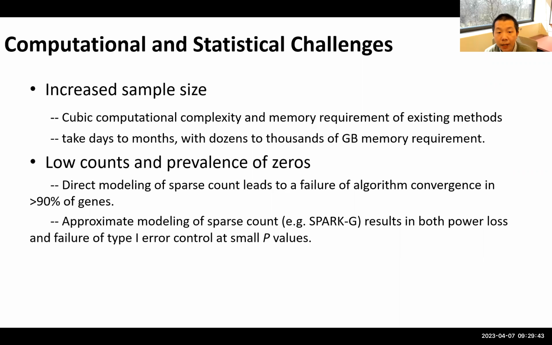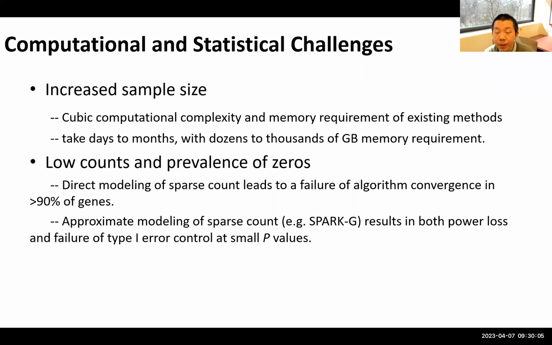In addition, the low counts and prevalent zeros also create important issues. Now, if you have low counts, you tend to use a count model to model them. Using a count model to model those sparse counts is very challenging in terms of computation, and it can lead to failure of algorithms over a large percentage of genes.